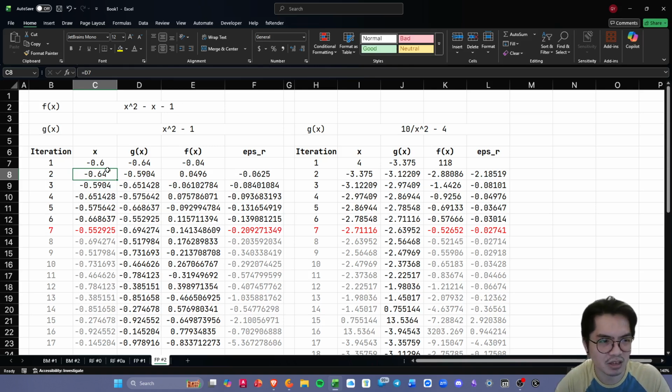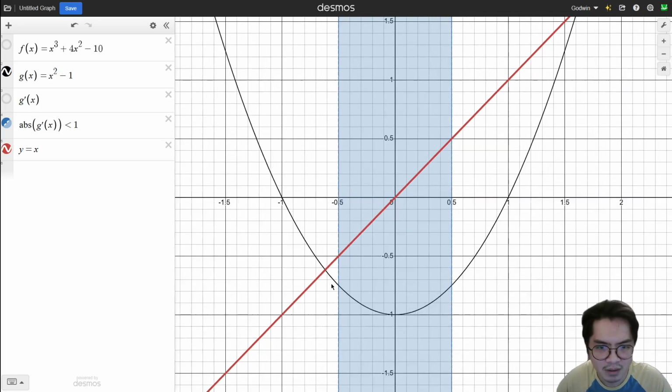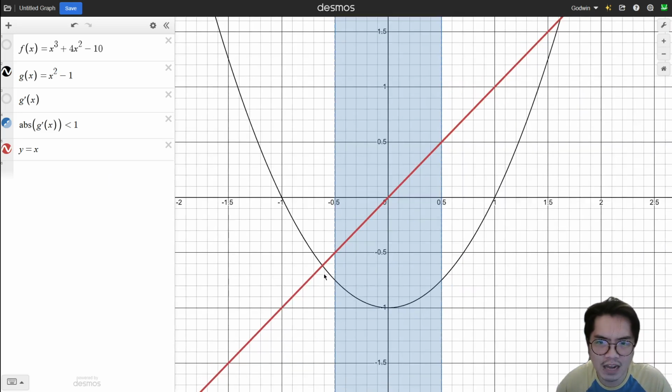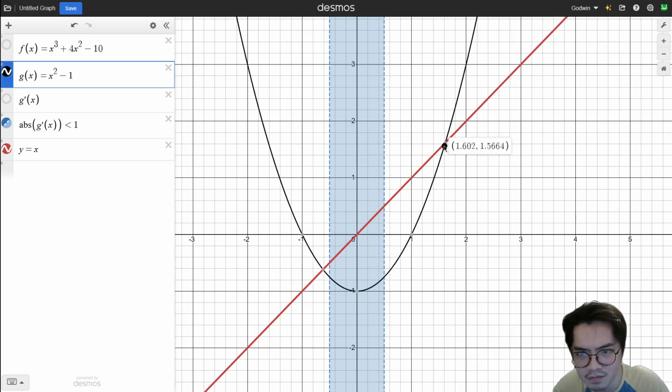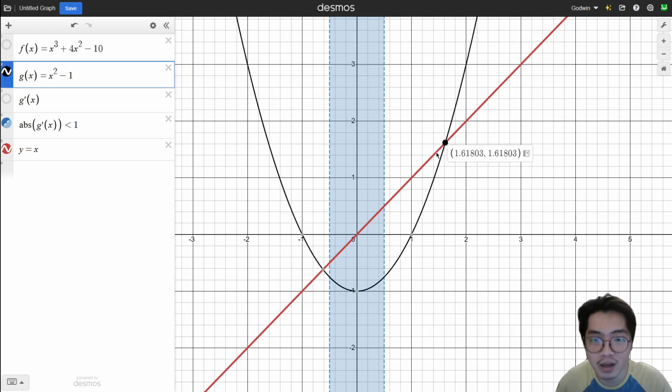No, not working as well. Apparently, there are two roots to this thing. There are two possible roots to this equation. One that is positive, this is your 1 plus square root of 5 over 2. And there's a negative one, which is the negative 0.618.